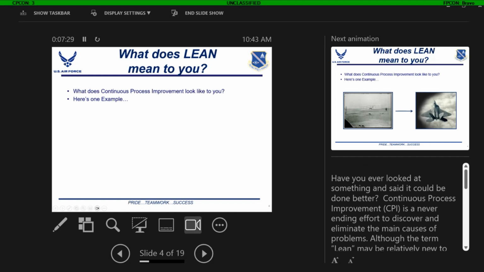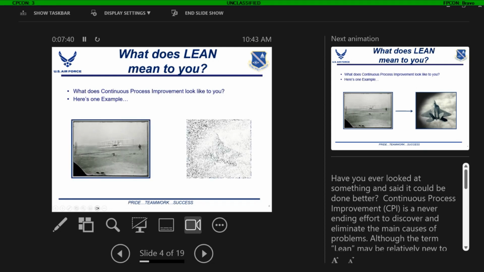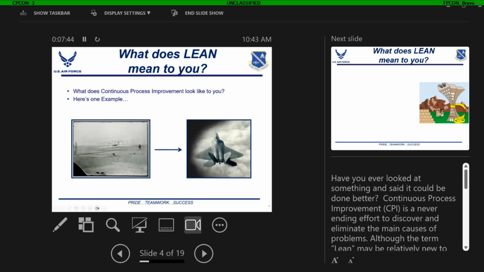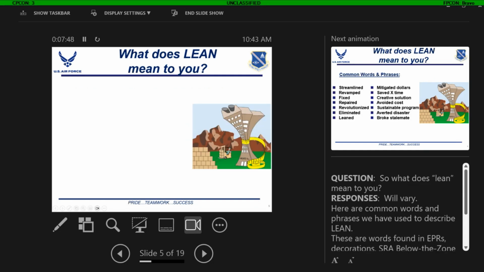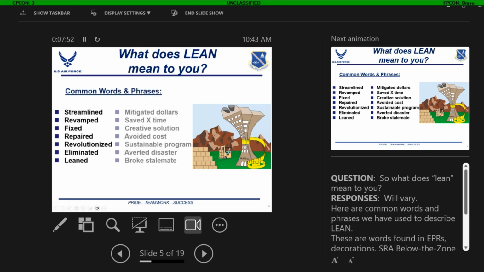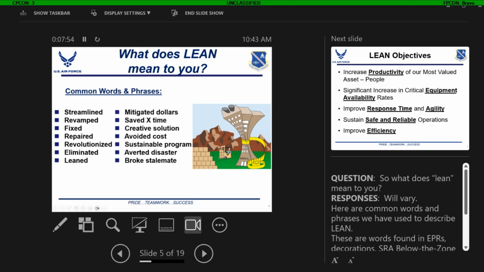So as we jump into what does lean mean to you, we ask, what does continuous process improvement look like? I'd like to give you one example that I'm sure everybody can see the evolution. What does it mean to you? When most people think about lean, certain words and phrases come to mind.